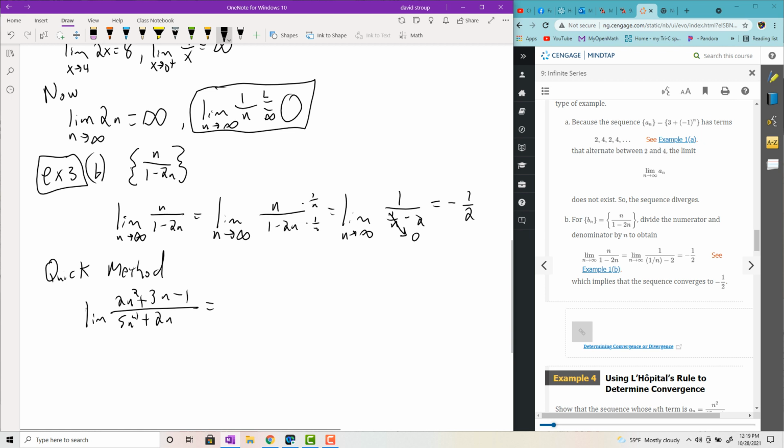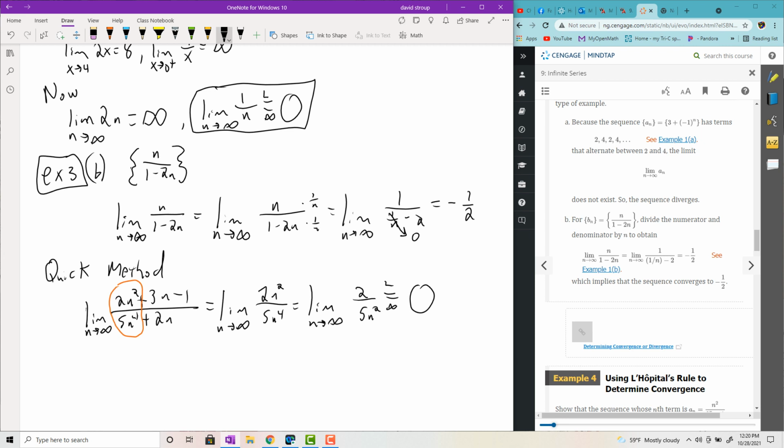The trick, and this only works if you're going to infinity, is to just pick off the high degree terms, and you'll get the same exact answer. So this would be 2n squared all over 5n to the 4th. This would be the limit as n goes to infinity of 2 all over 5n squared, and of course that's L over infinity, so it's a 0.